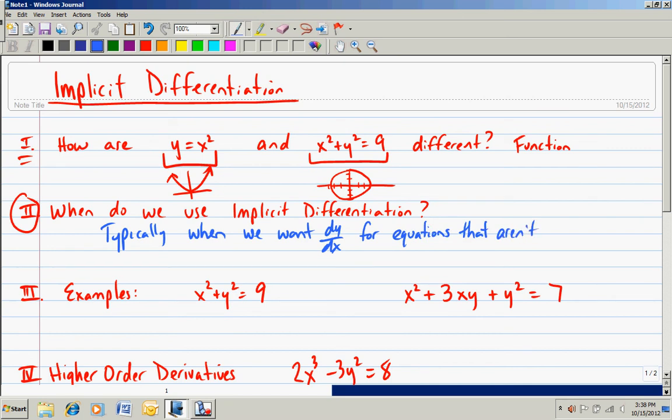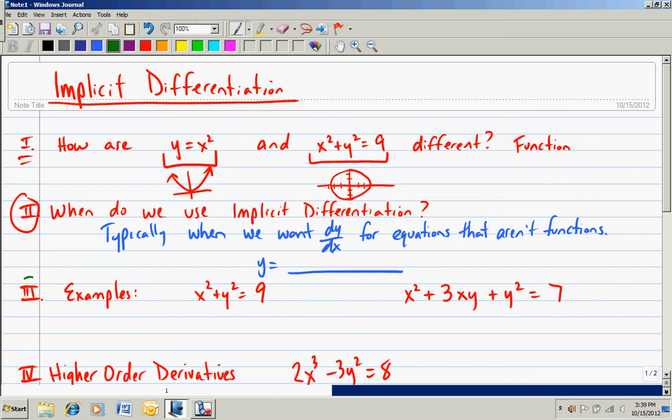There may be other times that you would do it, but for our purposes, we want to do implicit differentiation whenever you have an equation that isn't a function, essentially when it can't be simplified to y equals something. Okay? So let's talk about how we do this.